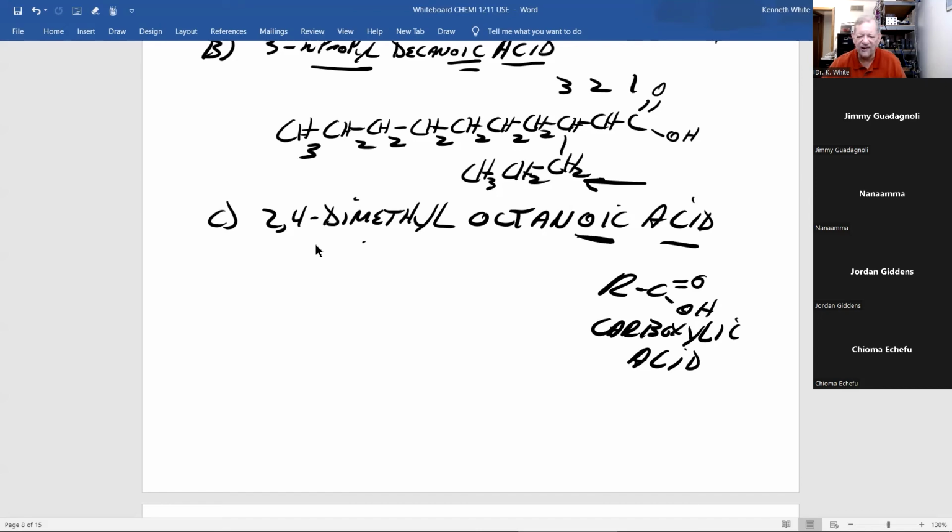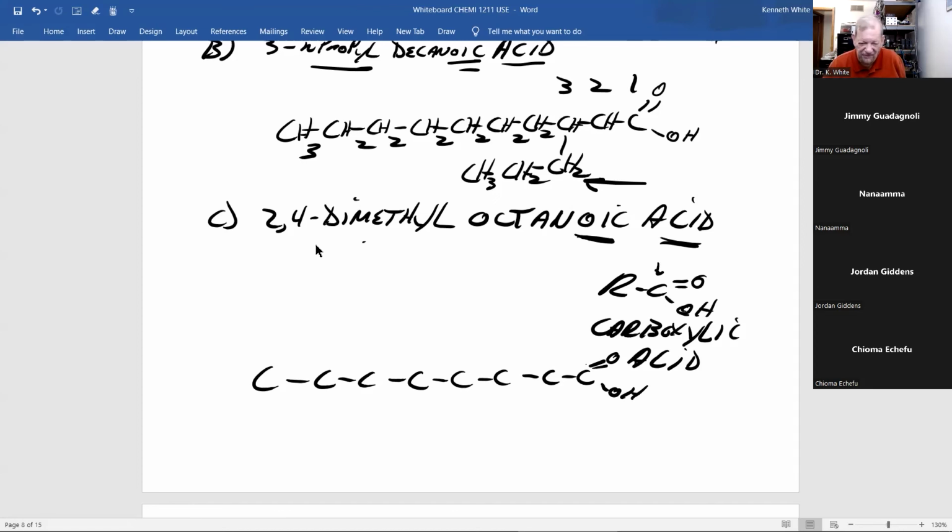And if this were an E and this was gone, octane is 8 carbons. And the N carbon has this carbonyl carbon hydroxyl group. I put it on the right. You can put it on the left, but I won't.